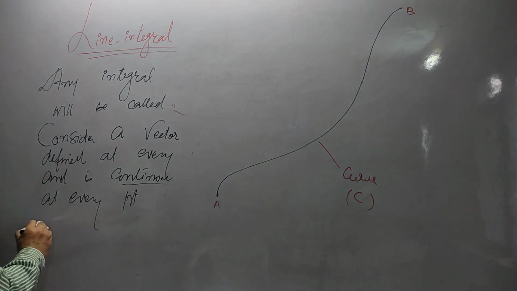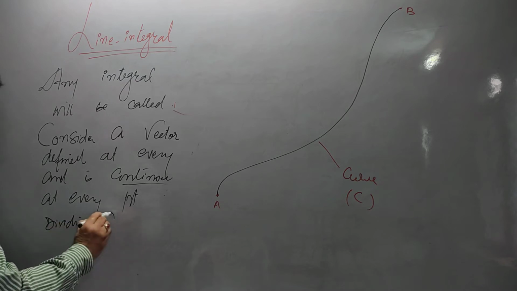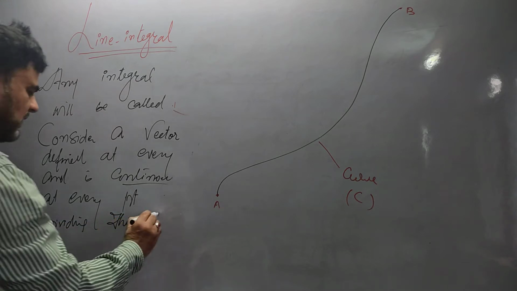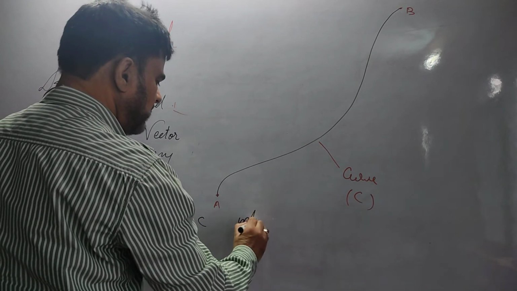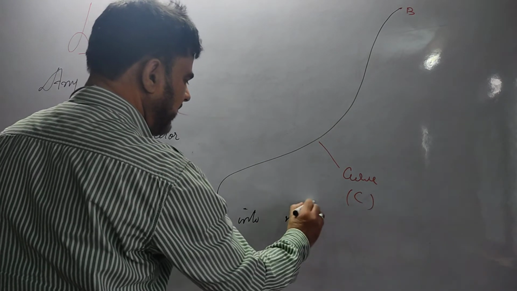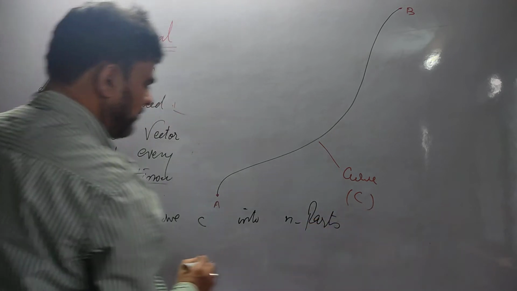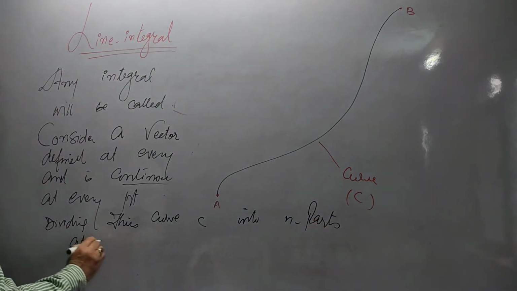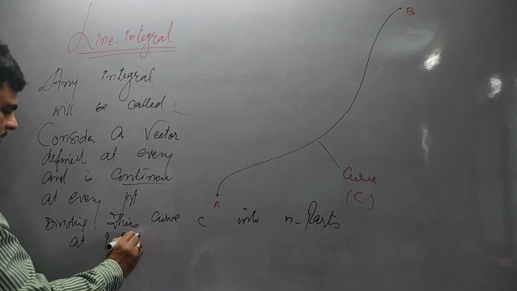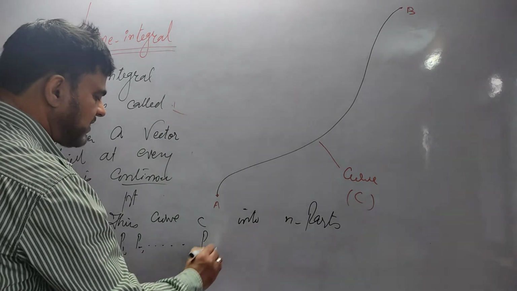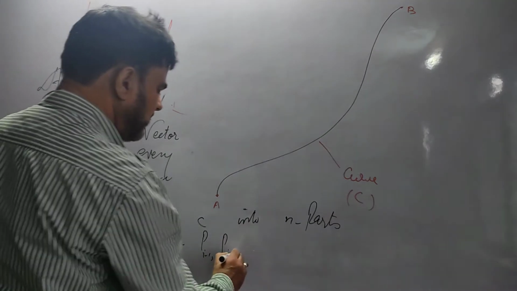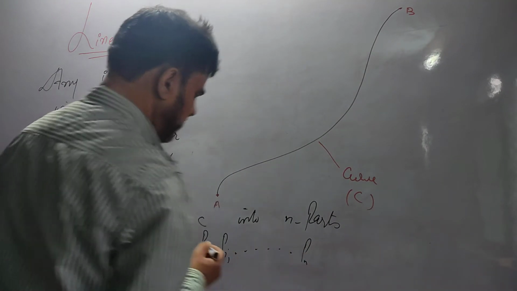Dividing this curve C into n parts, where at P0, P1, P2, say Pi minus 1, Pi, Pn.